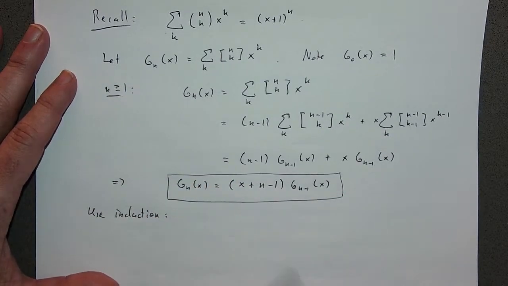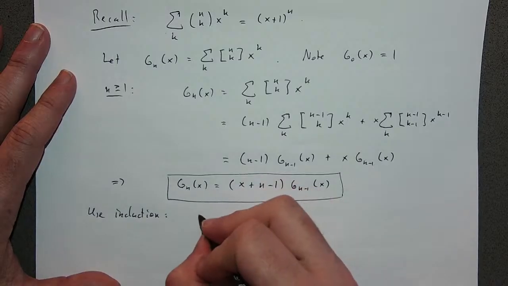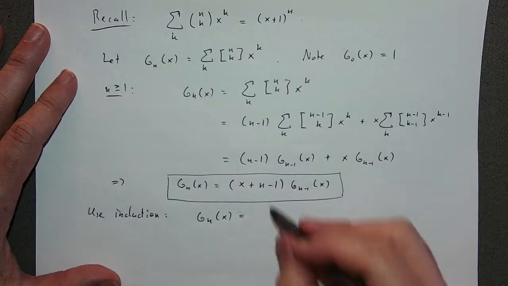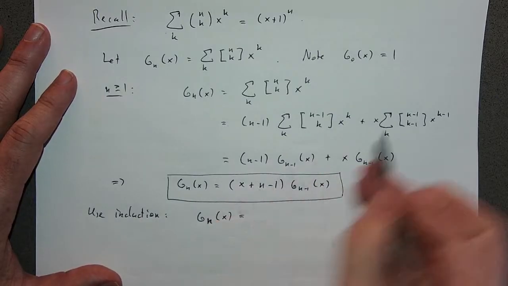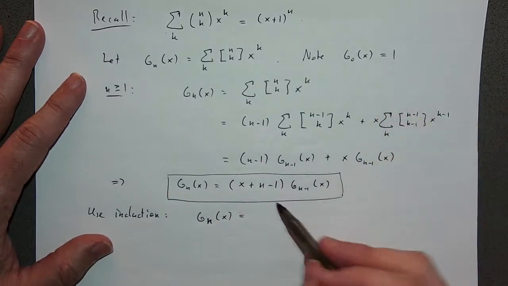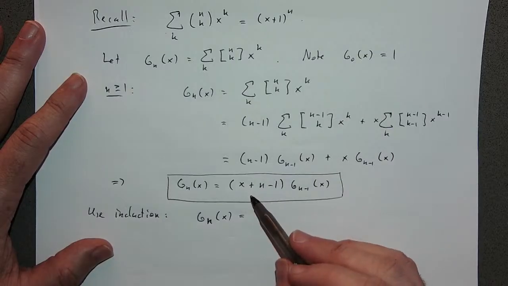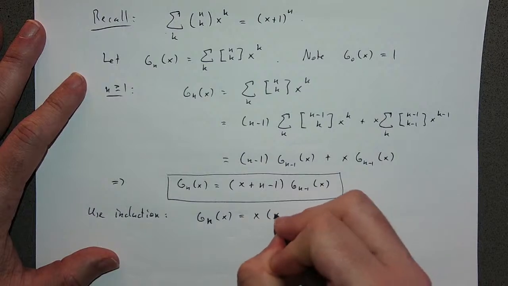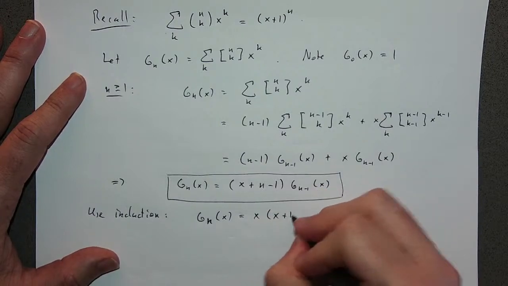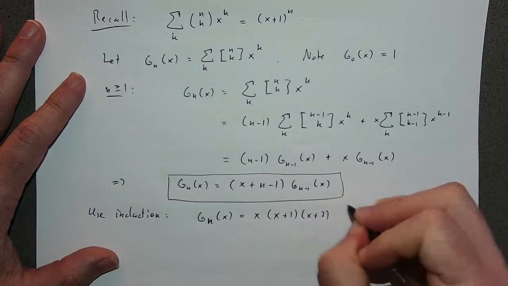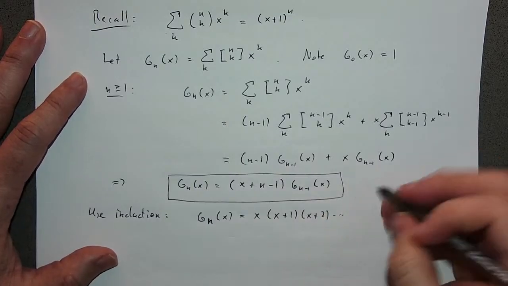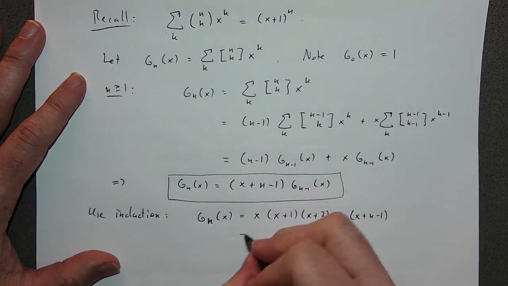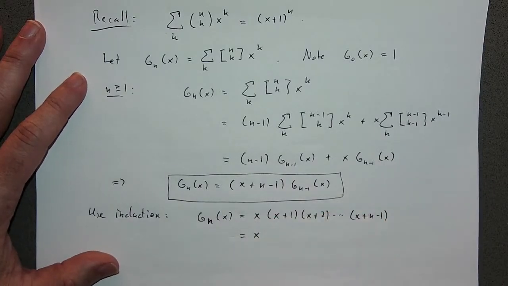Using induction, I'm not actually going to do the argument, but you can show that g sub n of x, starting with g naught of x being 1, is x to the n rising. This is x times x plus 1 times x plus 2, and so on, all the way out to x plus n minus 1, which is exactly x to the n rising.